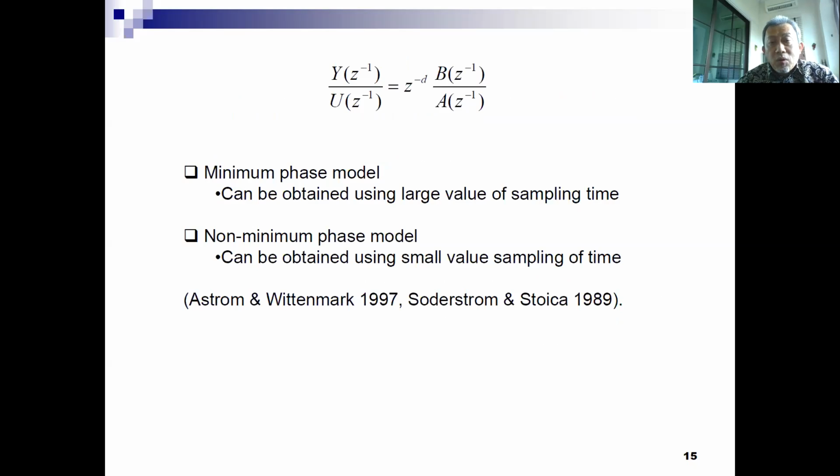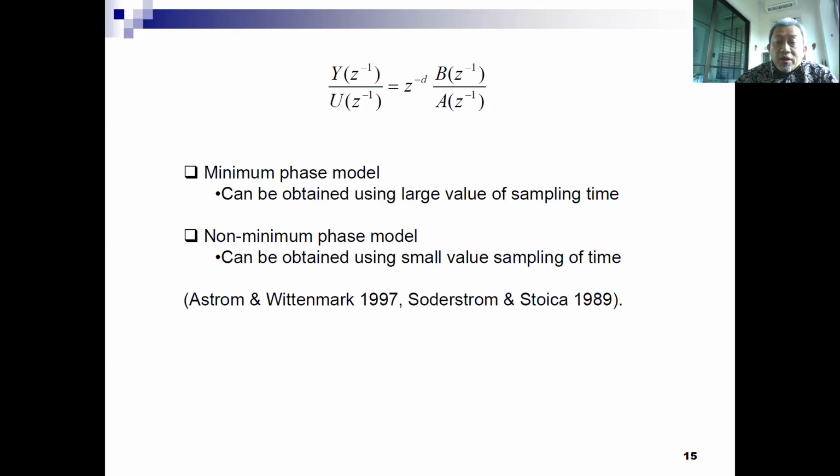So a minimum phase model can be obtained using a large value of sampling time, while a non-minimum phase model can be obtained using a small value of sampling time. This is proved by Åström and Wittenmark in the book in 1987 and Söderström and Stoica in 1989.